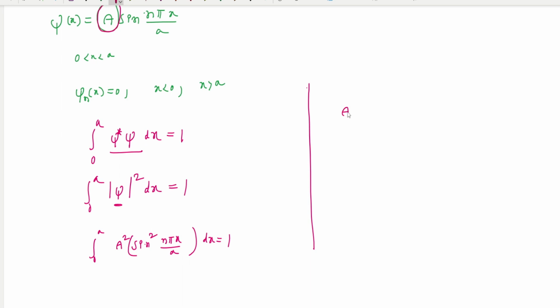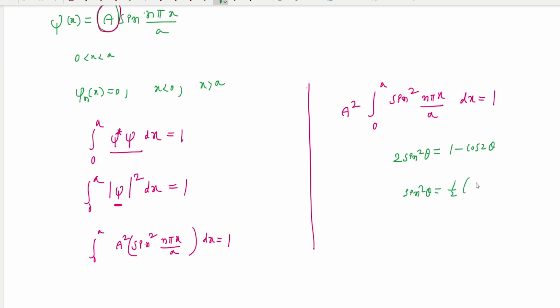So I'm going to write this A squared outside the integration because it is a constant. Integral 0 to a, sine squared n pi x divided by a into dx equal to 1. I'm going to use one trigonometric formula. I know 2 sine squared theta equals 1 minus cos 2 theta. So sine squared theta equals 1 divided by 2 into 1 minus cos 2 theta.